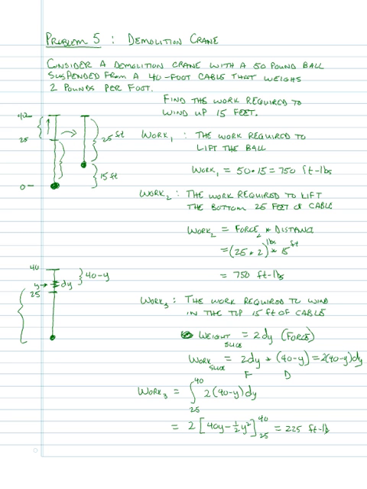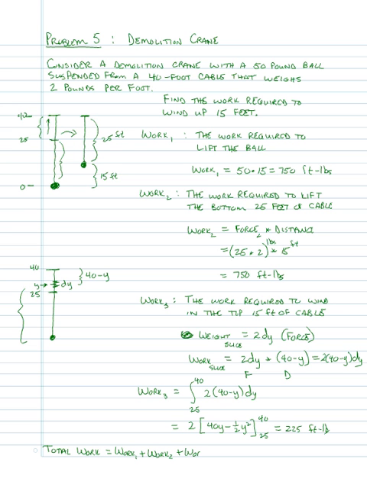So the total work then will be work 1 plus work 2 plus work 3. Work 1, remember, was lifting the ball 15 feet. Work 2 was lifting the bottom 25 feet of cable 15 feet.